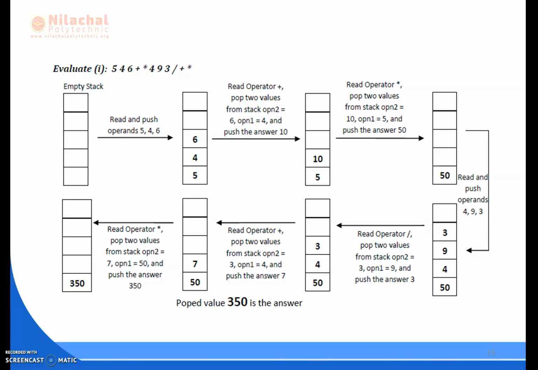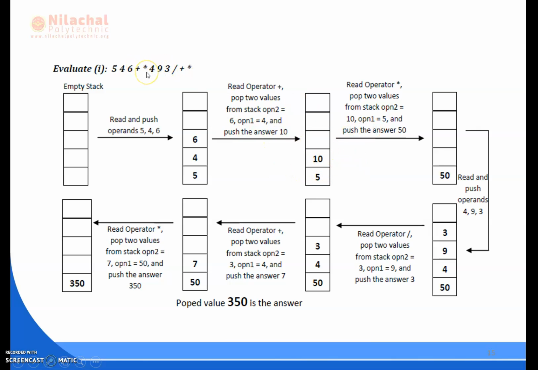Then that operator's operation is performed on these two operands. So 4 will be added to 6, that is we get 10, and the answer 10 is pushed back to the stack. In the third stack we can see that 10 is pushed into the stack.